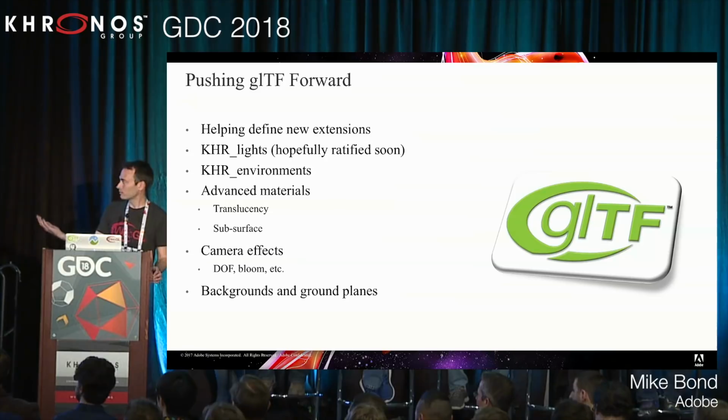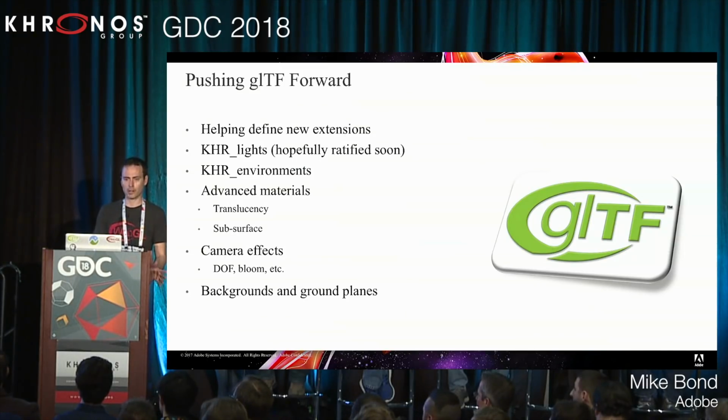And also, camera effects like depth of field. Now a lot of these extensions may end up being Adobe or Dimension specific, but as much as possible, we want to work with the community to get them to be widely adopted. And a lot of these are definitely not specific use cases, but very general purpose things.